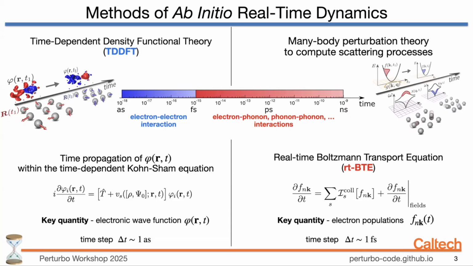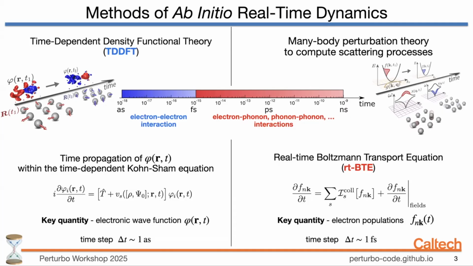And because we're simulating populations, this is a semi-classical method. It captures all the incoherent effects of electrons as well as other quasi-particles. It's basically an equation that sums up the collision integrals of the electrons or charge carriers with other quasi-particles as well as the external field.